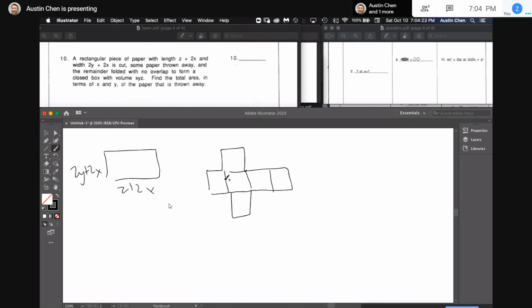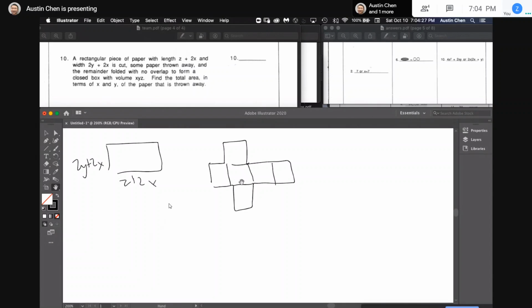So basically, we're going to cut out some shape kind of like this, but not exactly, right? Because it doesn't have to be a cube. And we're going to fold that into a box, and it's going to have volume xyz, and there's going to be some remainder parts of the paper that we don't cut out. Yeah, we need to find the total area of that paper.